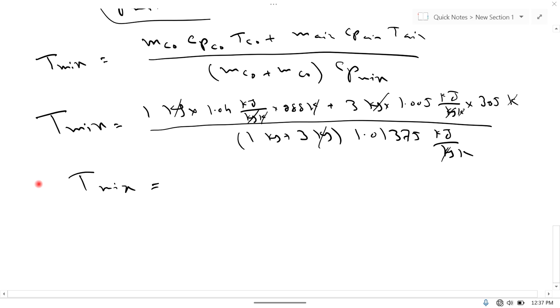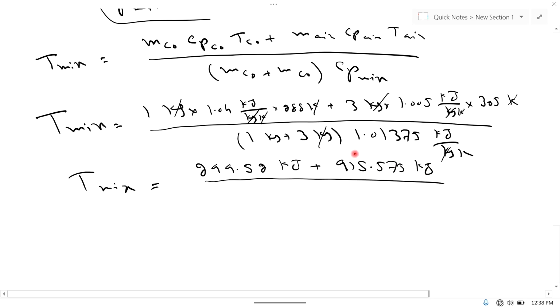After the addition, 1 multiplied by 1.04 multiplied by 288 is equal to 299.52 kilojoule, plus 3 multiplied by 1.005 multiplied by 305 is 919.575 kilojoule, divided by 1 plus 3 is 4, and 4 multiplied by this is equal to 4.055 kilojoule per kilogram per Kelvin.